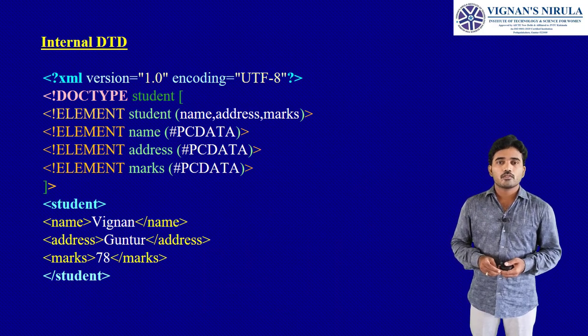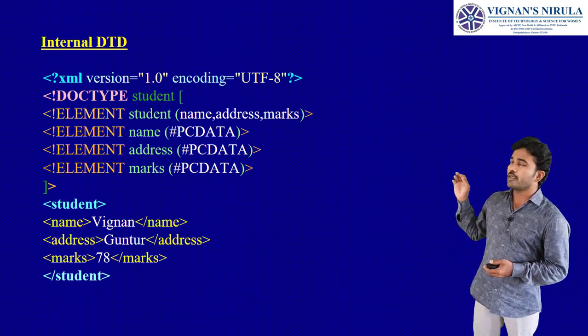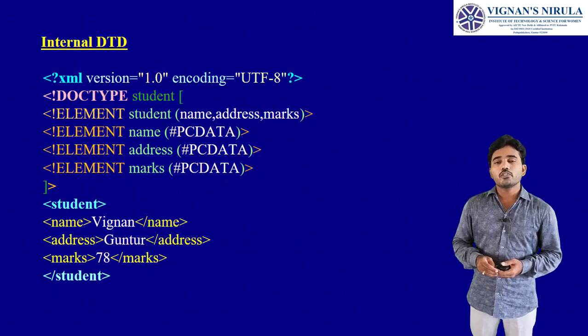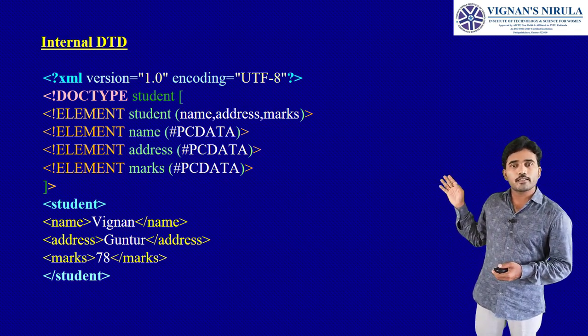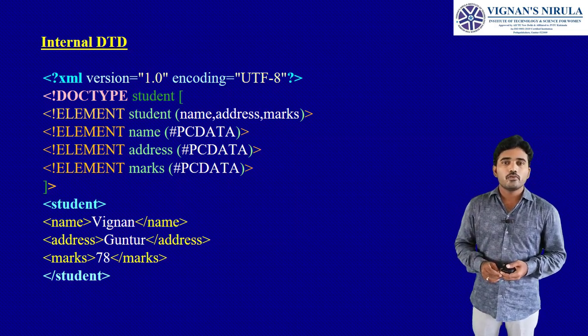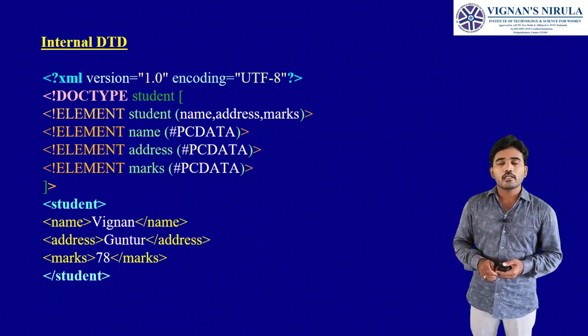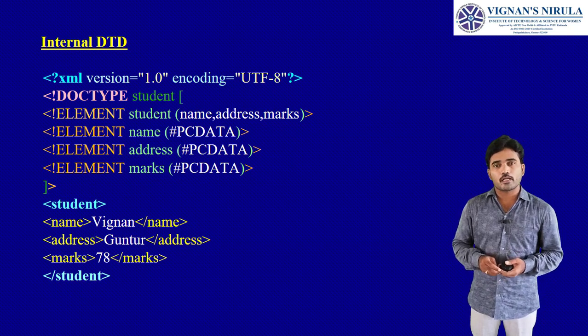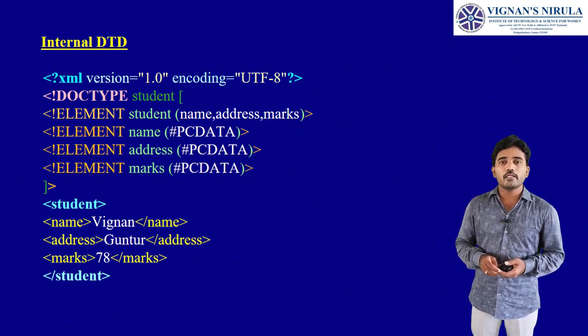Understood? Now coming to the example related to the internal DTD. As usual, we have written the first line, that is XML version equals 1.0 and encoding equals UTF-8, where this first line is preceded and followed by the question mark. And here we have written a DOCTYPE tag, and it must be written in uppercase.